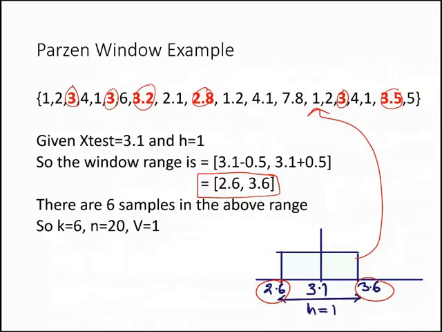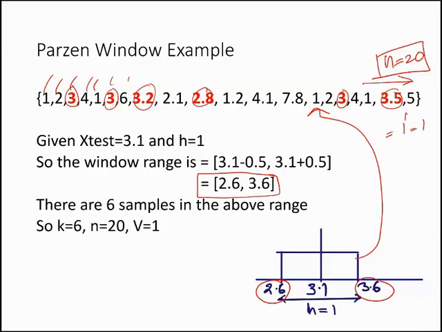There are 20 samples. You can just count how many there are: 1, 2, 3, 4, 5, 6 and so on. So N here is 20. The volume is 1 here, since I have only H equal to 1, and that too in 1 dimension. So 1 to the power 1 is equal to 1.